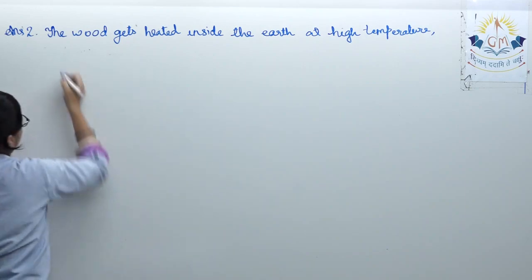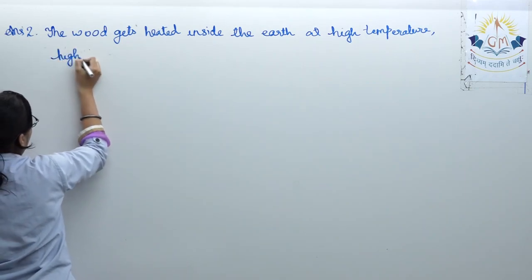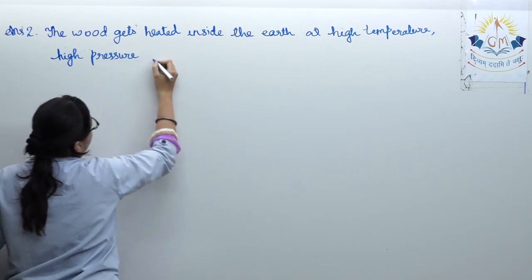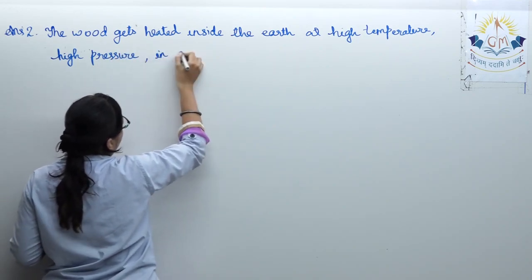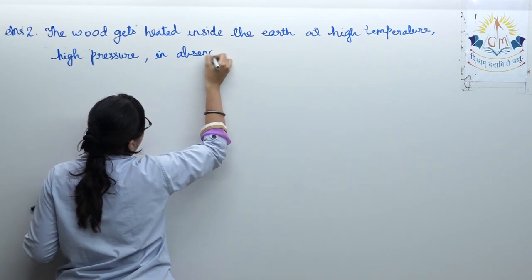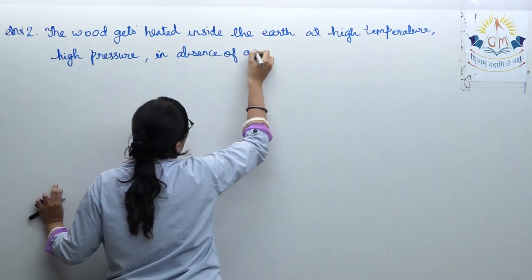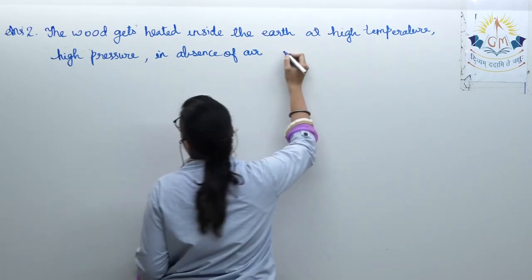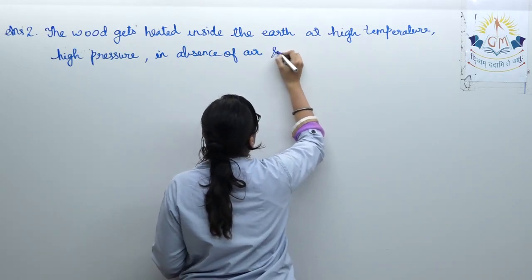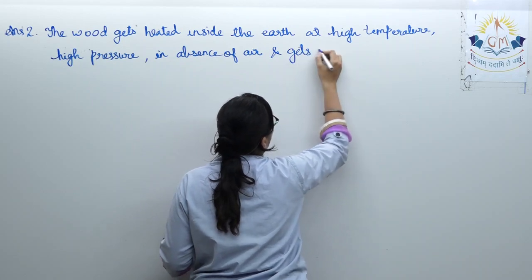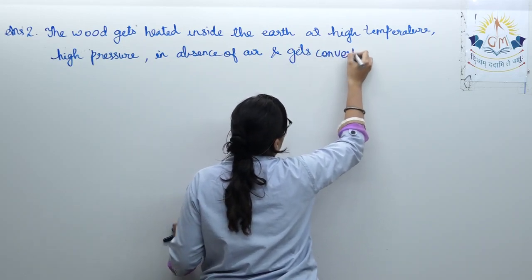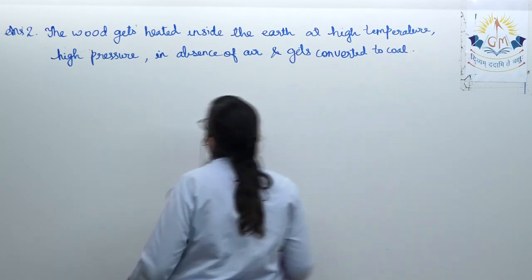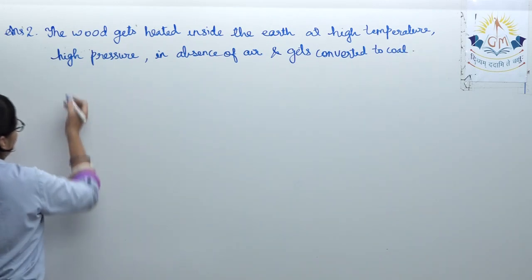High temperature, high pressure, in absence of air, and wood gets converted to coal. This process is called carbonization.